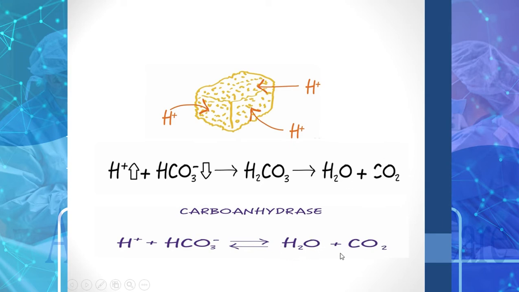And vice versa, if the hydrogen ion amount decreases, carbon dioxide will increase and combine with water to form H2CO3, which then dissociates again to HCO3 and hydrogen ion to increase the amount of hydrogen ion.